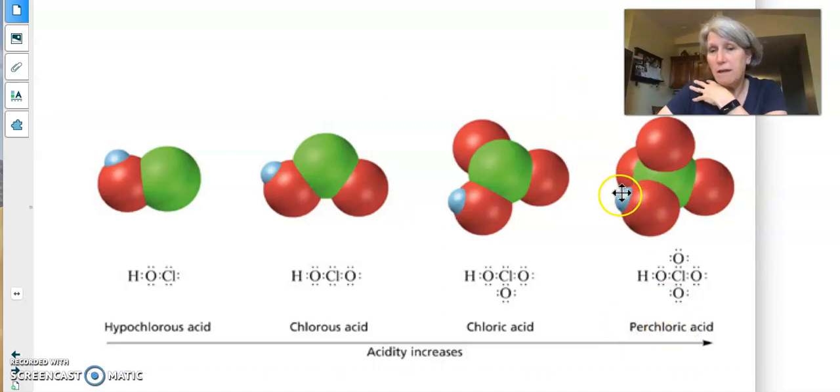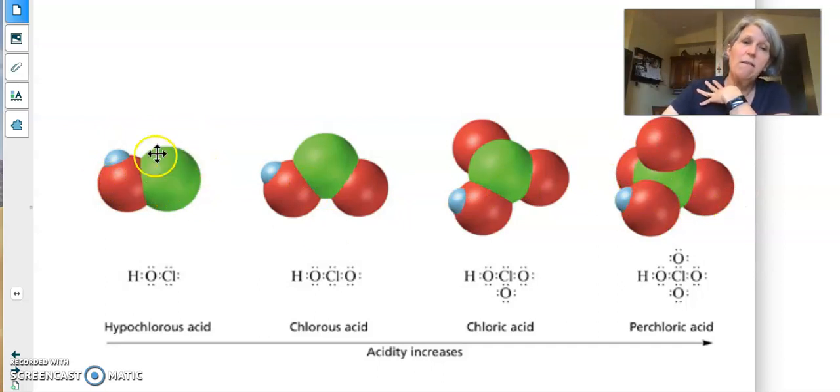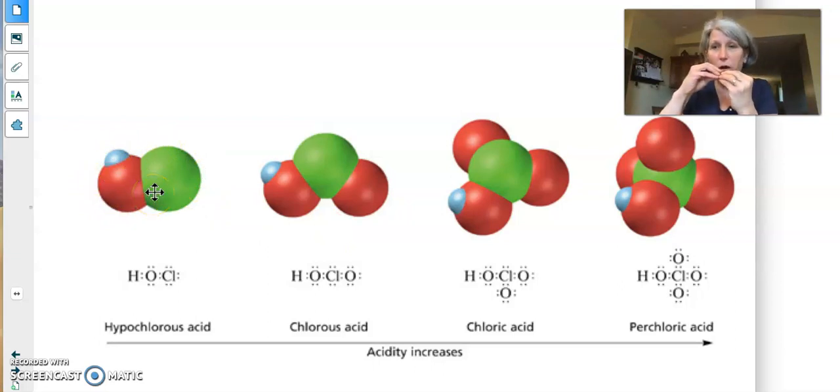And as we're looking at this, because of the electron density, because these oxygens are so highly electronegative, that makes this hydrogen-oxygen bond very weak compared to here, where you have the hydrogen-oxygen bond, but since there's only one oxygen, the electrons are more evenly distributed, so that hydrogen-oxygen bond is actually stronger than this hydrogen-oxygen bond.